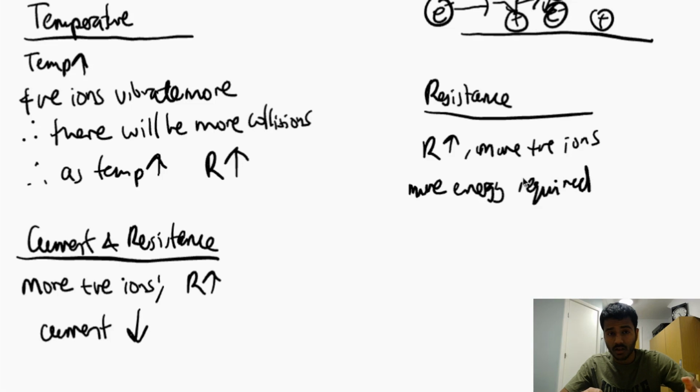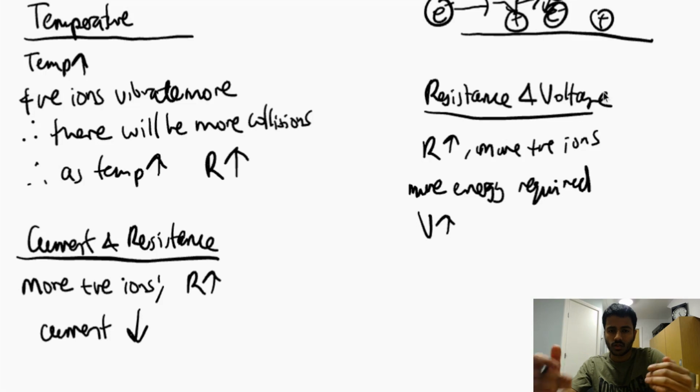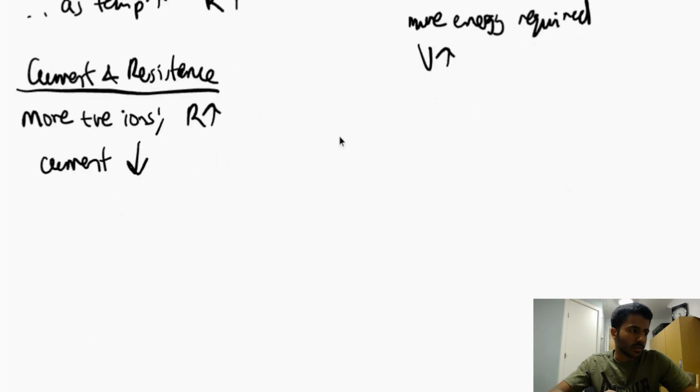In that way, the voltage increases. So as resistance increases, the voltage required to maintain the same current or the same amount of flow of charge is greater.